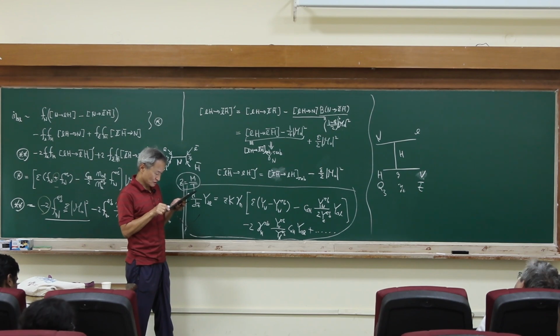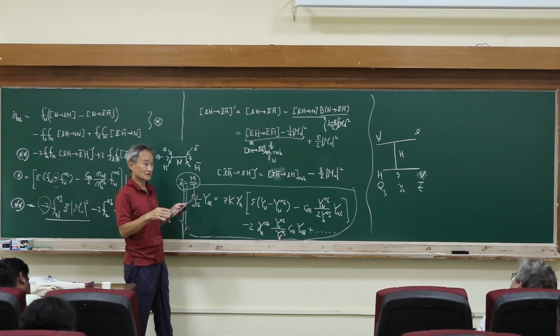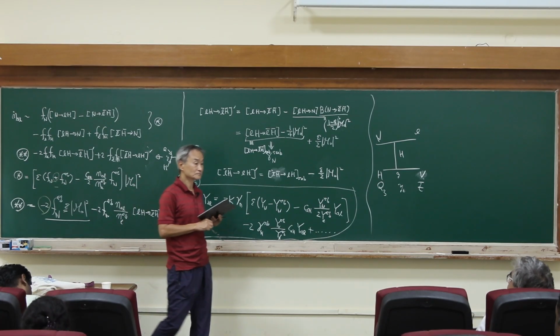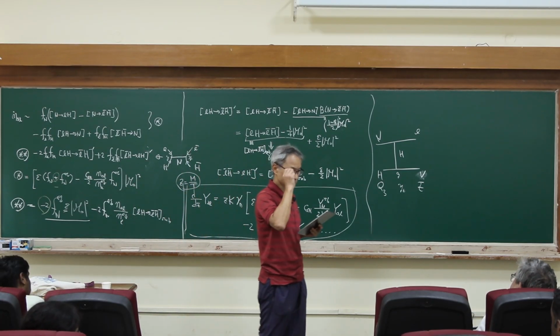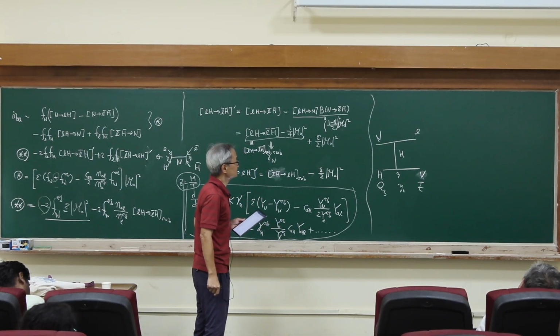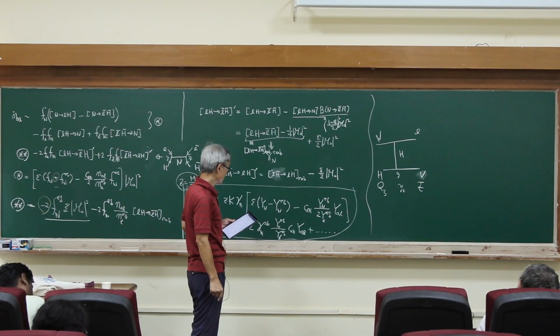Typically the scattering processes are smaller than decay and inverse decay. But a general question, can scattering generate lepton asymmetry? Yeah, at higher order probably, but not at the leading order we are thinking of.